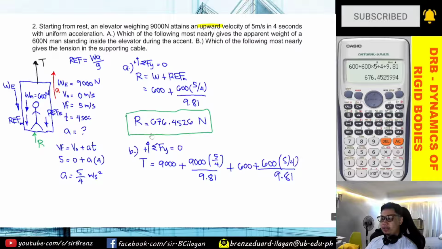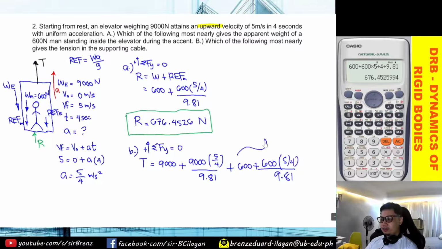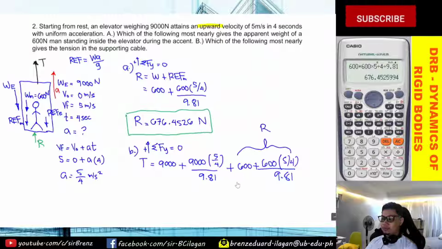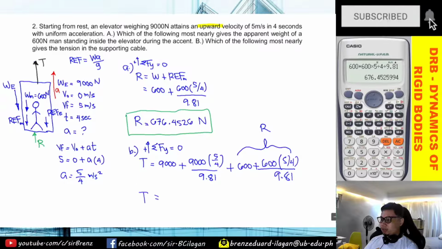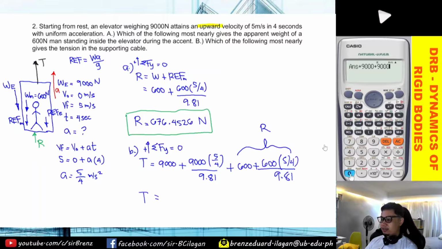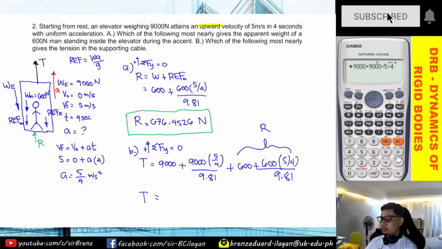So I could actually also have used this R. It is equivalent to R, which is okay. So what we'll do is keep the 676. So we just add 9,000 plus 9,000 times 5 divided by 4 divided by 9.81.